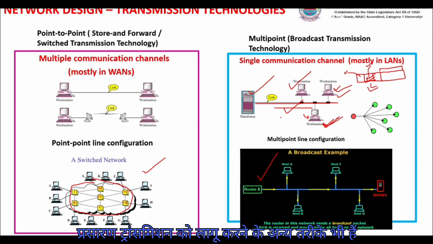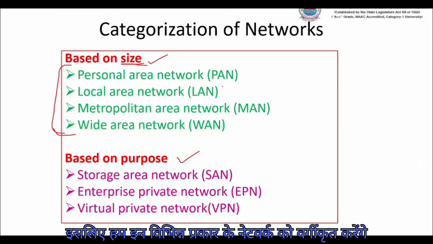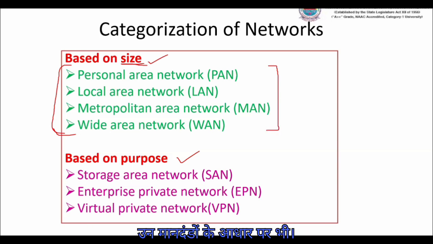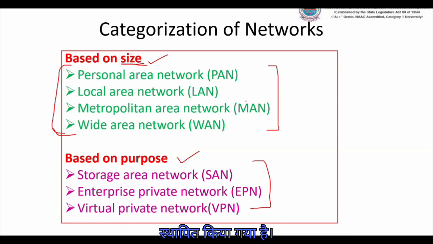Okay, so that is also broadcast. There are other ways also to deploy a broadcast transmission technology. Okay, so we will be categorizing these different kinds of networks based on those criteria also. And then based on purpose.